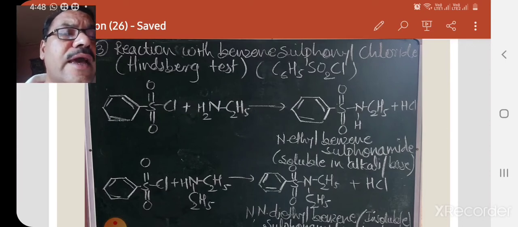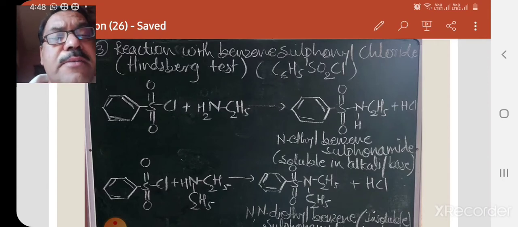In this N-ethyl benzene sulfonamide, nitrogen carries one hydrogen atom. As nitrogen contains one hydrogen atom, it is highly acidic in nature, and therefore when dissolved in a base like NaOH or KOH, it is readily soluble in base.